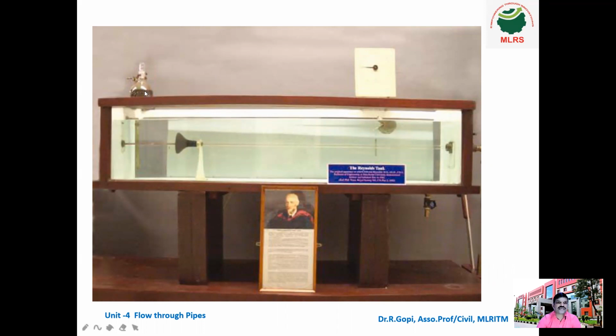This is the dye solution injected into this small diameter glass tube. They maintain this instrument in memory of Osborne Reynolds. From this instrument he delivered the lecture, demonstrated it, and found the Reynolds number.